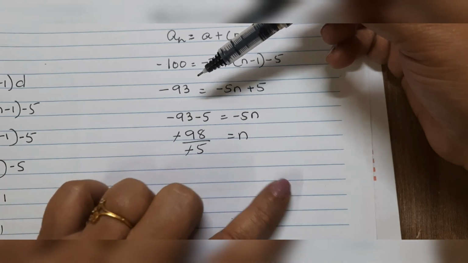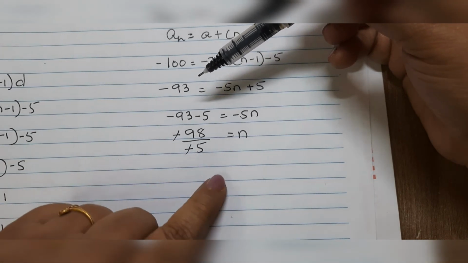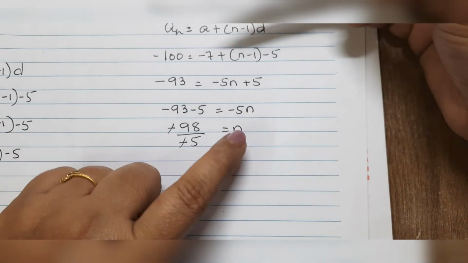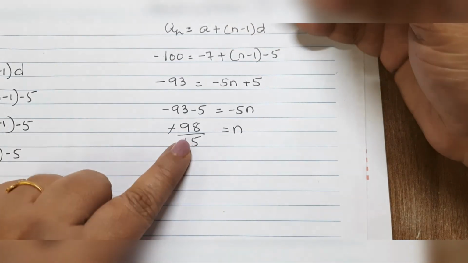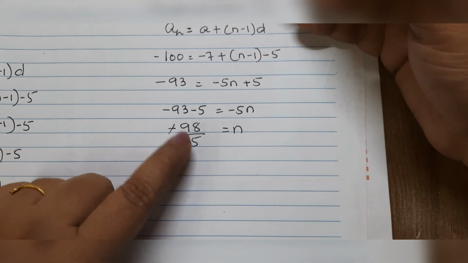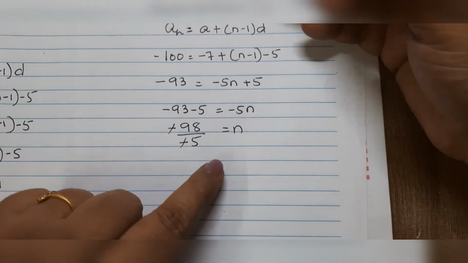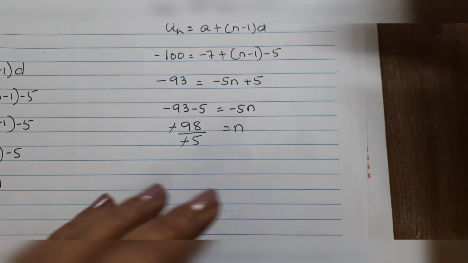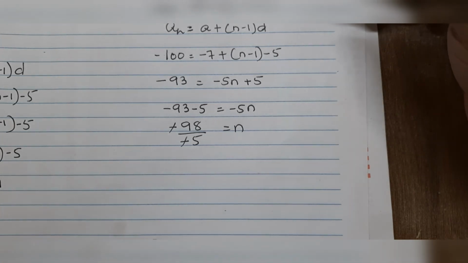You write the conclusion: minus 100 is not any term of the given AP, since n should be a natural number, it cannot be a decimal or a fraction. So n should be a natural number in an AP, so it is not a term of the given AP. Here we complete our RSPL2.